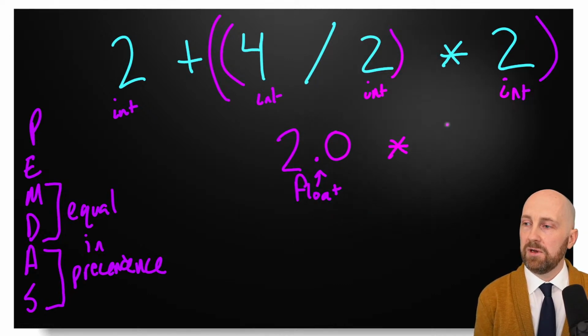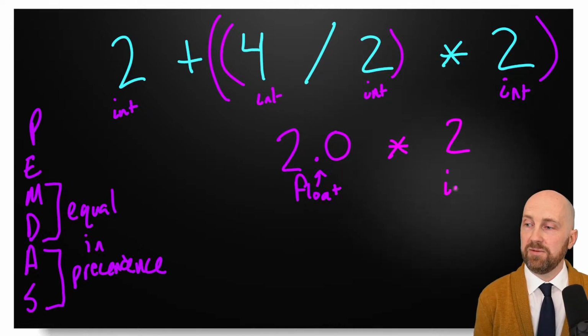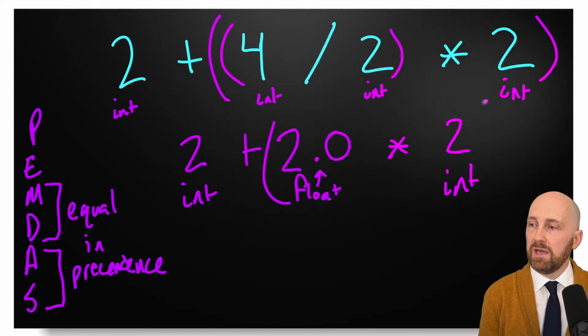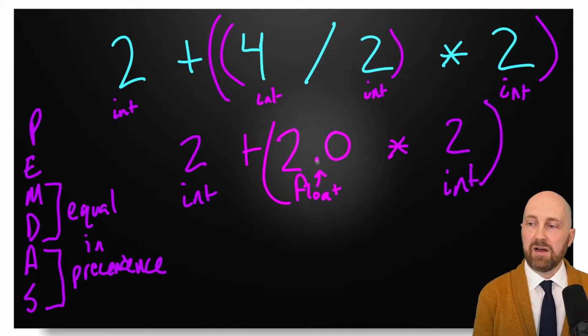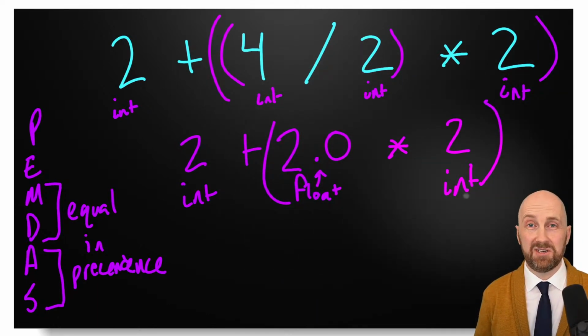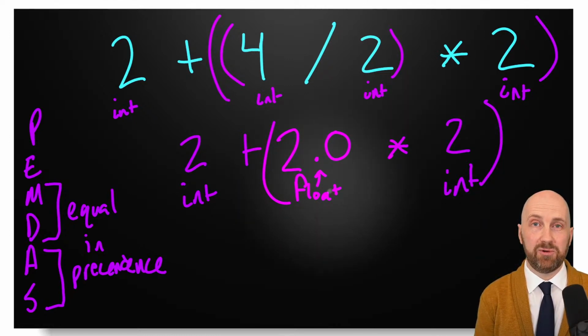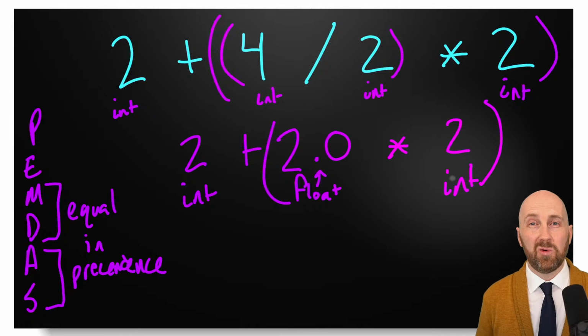There's also this integer and this integer too, right? So there's another int. And now we're in this world where we've got mixed types here. So we're multiplying a floating point value by an integer. Well, what happens?